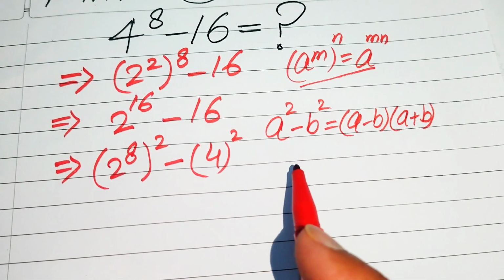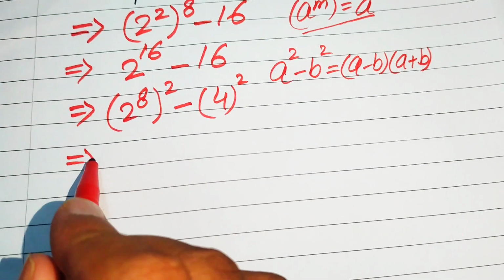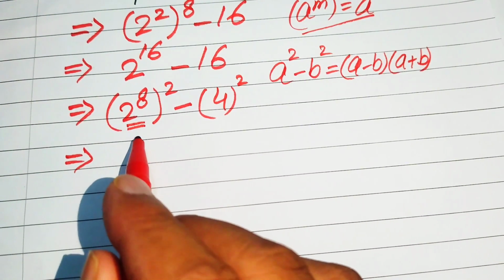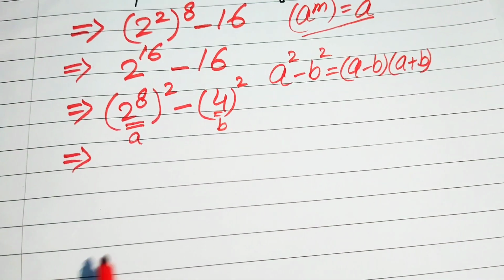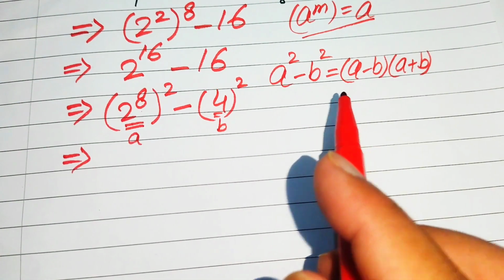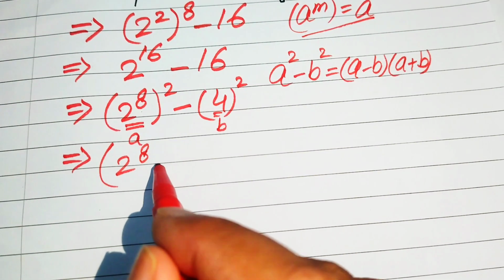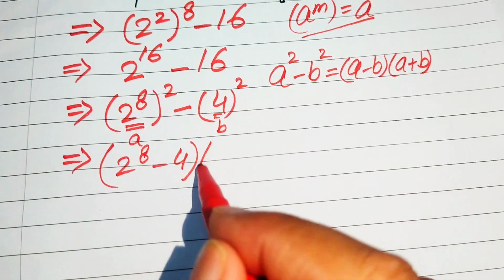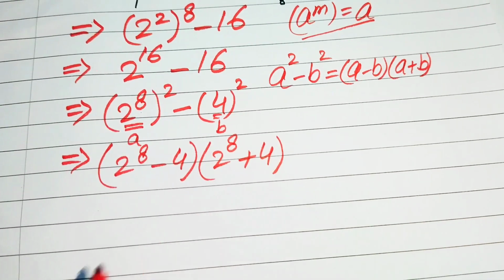Here the value of a is 2 to the power of 8 and the value of b is 4, so it will be written as 2 to the power of 8 minus 4 into 2 to the power of 8 plus 4.